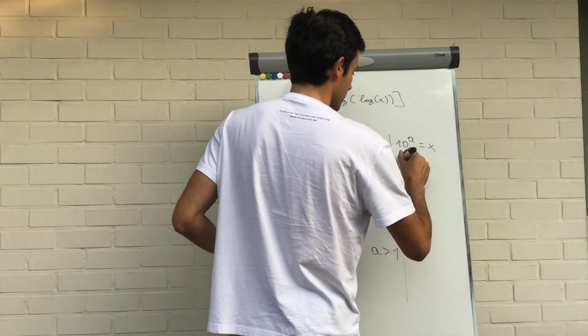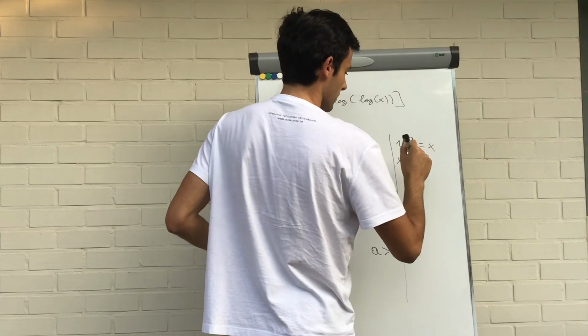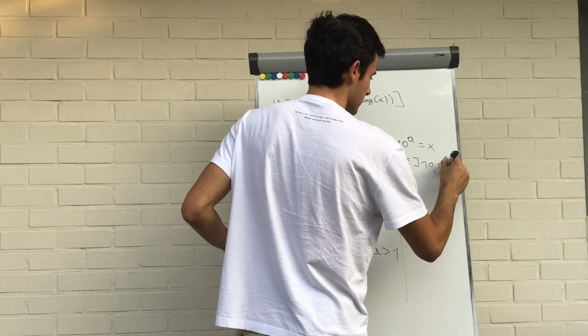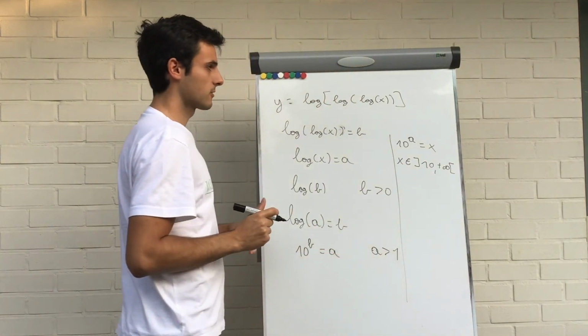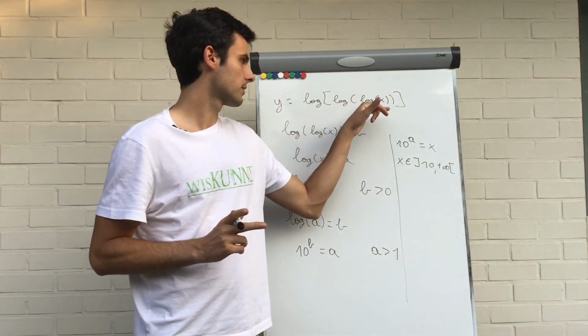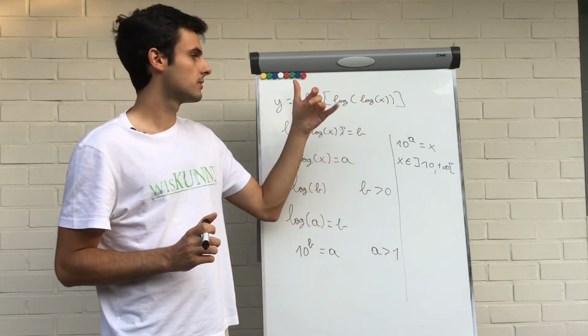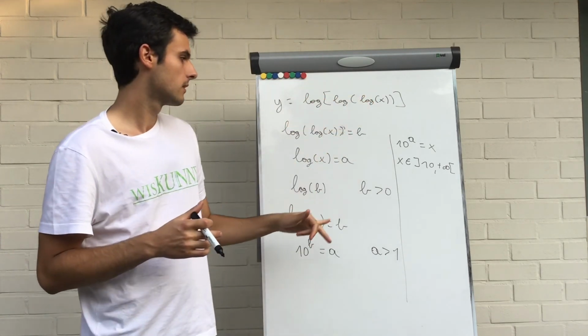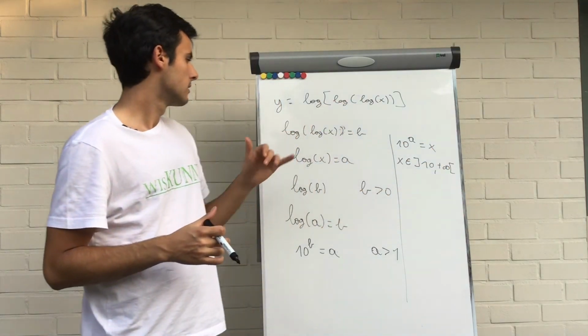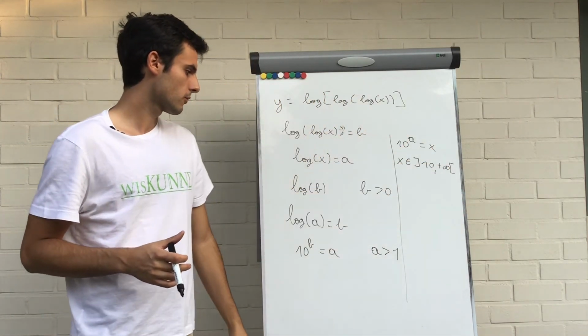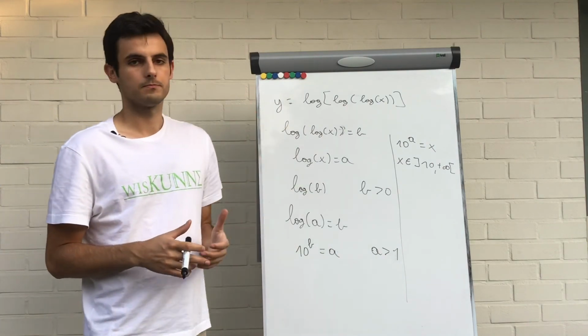So the domain is x must be an element of (10, plus infinity). 10 is excluded because 10 will give 0. Because log of 10 is 1, log of 1 is 0, and log of 0 does not exist. So this is the solution. So you need to substitute with two variables and then follow this and you have it.